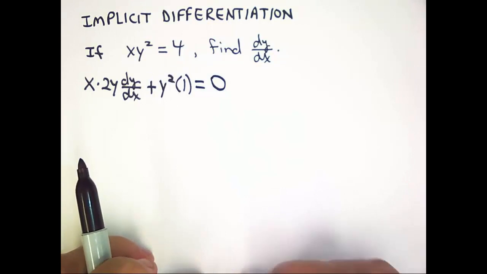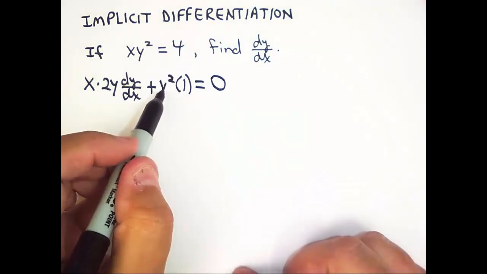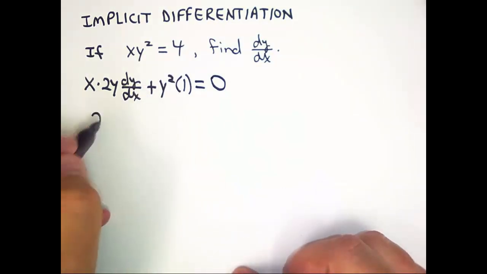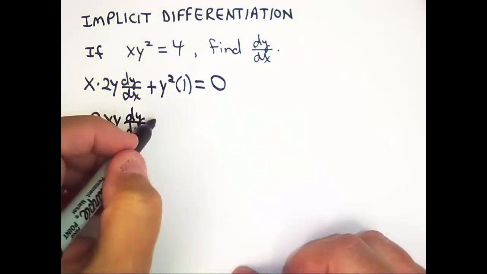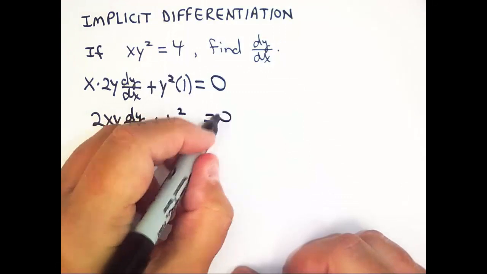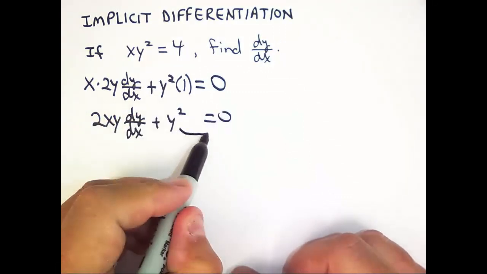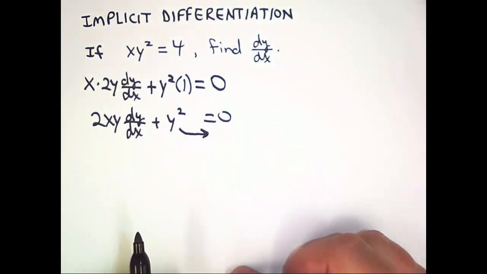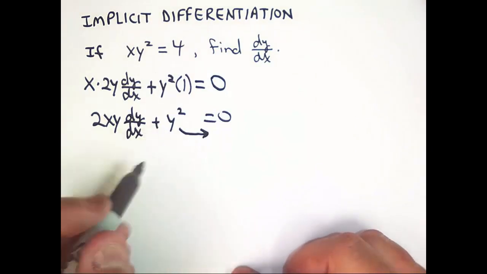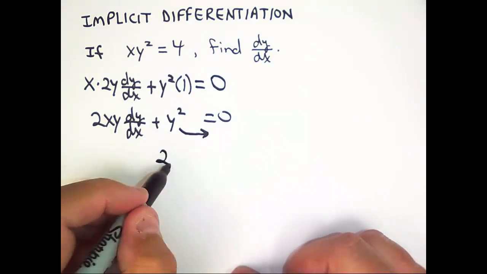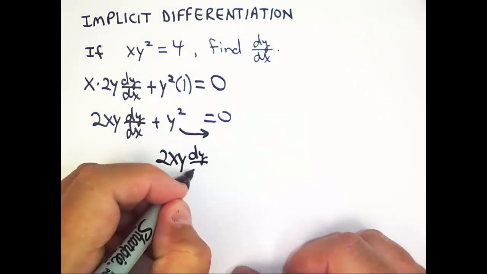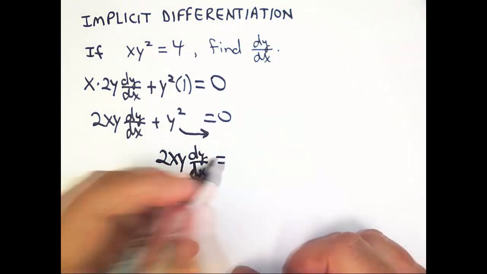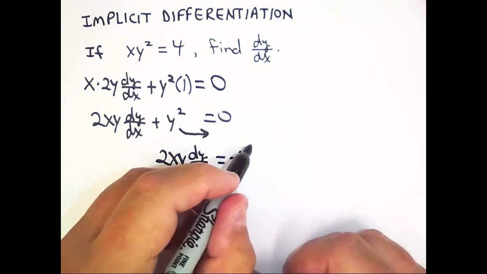Now it's a matter of just solving for dy over dx. Let me clean this up a little bit: that's 2xy times dy over dx plus y squared equal to 0. I want to slide the only term that doesn't have a dy over dx to the other side, so I'll subtract y squared from both sides. That gives me 2xy dy over dx is equal to negative y squared.